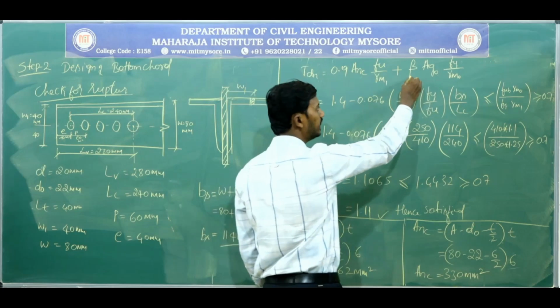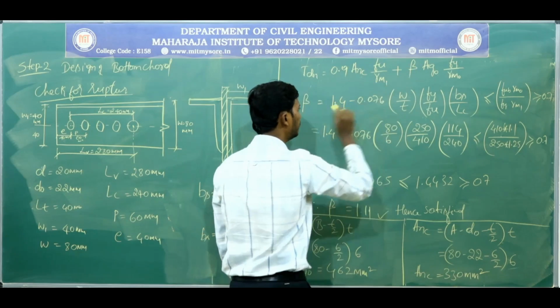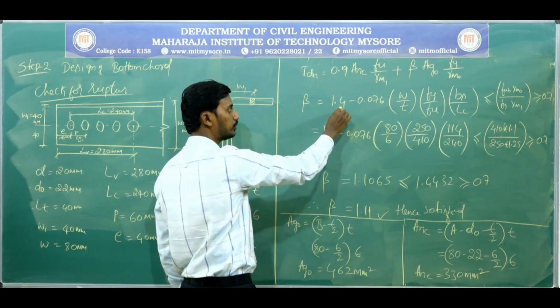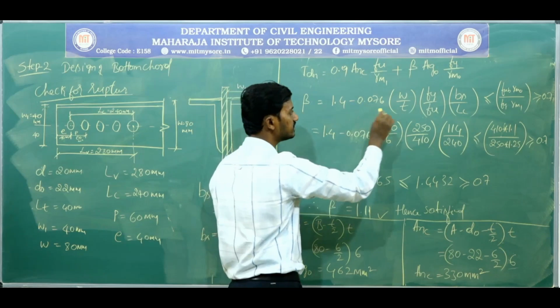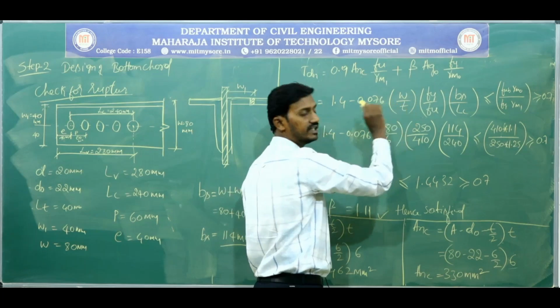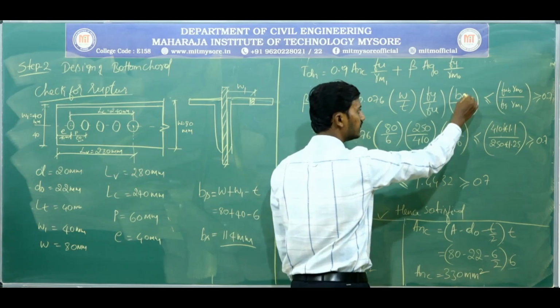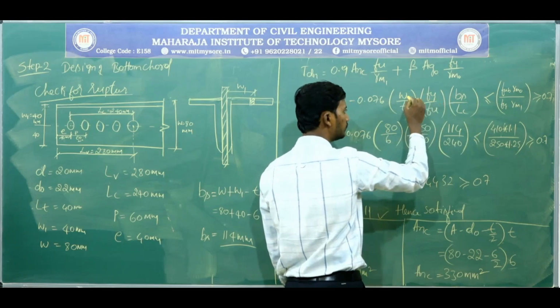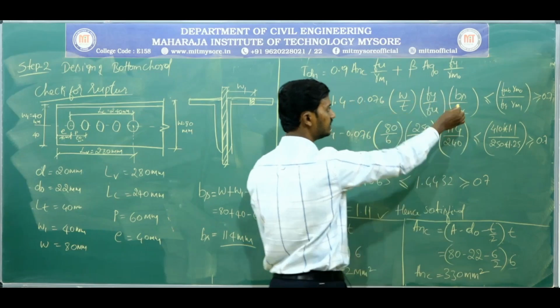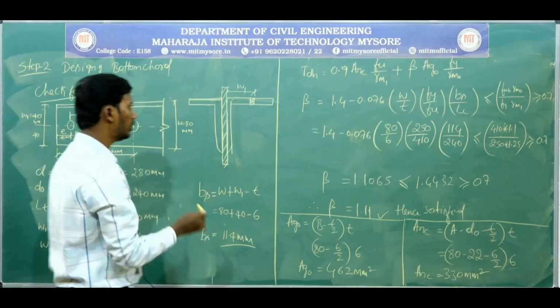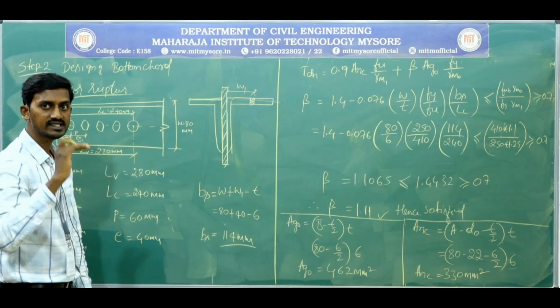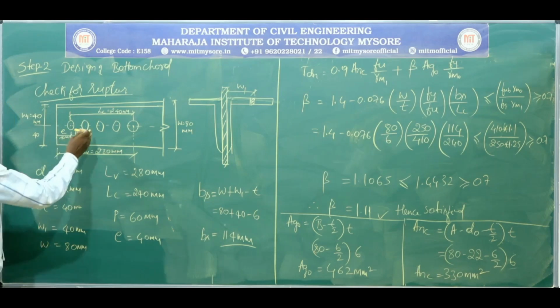And why do we need all this? Here the value beta, to calculate beta, again there is one more formula, that is 1.4 minus 0.076 w by t and Fy by Fu, bs by Lc. So these terms, that is w, bs and Lc, to get them it is very important to understand how you have placed the bolts in the angles.